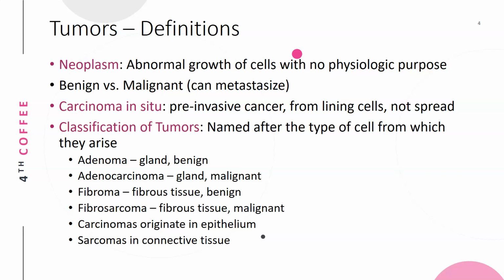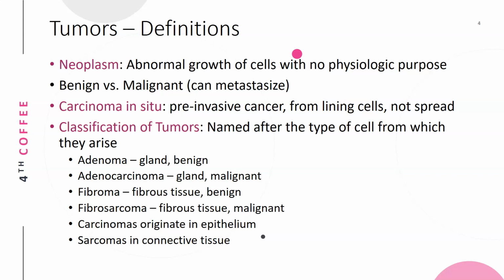Tumors can be classified. They're usually named after the type of cells from which they arise. For example, an adenoma arises from a gland, since adeno means gland, and it's a benign tumor, whereas an adenocarcinoma, if you add the carci root for cancer, also arises from a gland because of the adeno, but it's malignant because of the carcinoma.